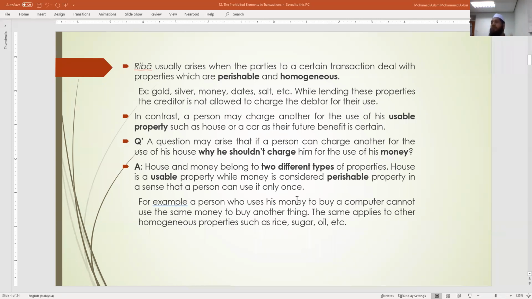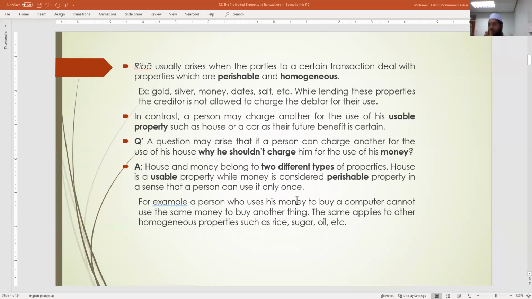So now the question will come: if renting you the house, renting you the car, renting you the mobile phone is accepted, then why not money? Right? That is the right question.